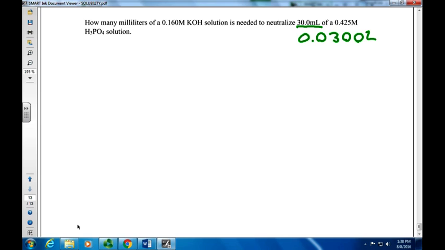So going back to what I said earlier, this one is not as clear cut, and the reason for that is that we have to take into account the equivalency. Recall that molarity times volume times equivalency of the first species, whether it be an acid or a base, is equal to the molarity times the volume times the equivalency of the second species during neutralization.